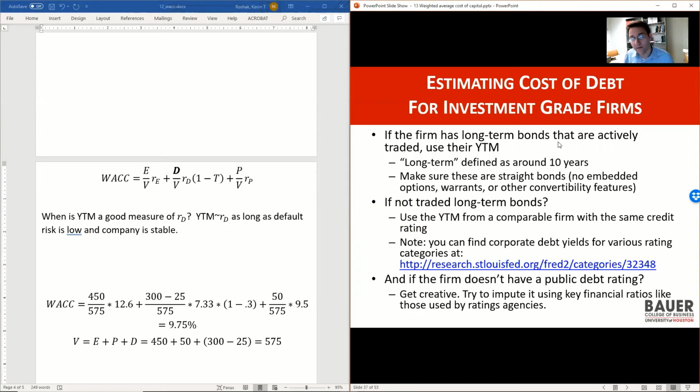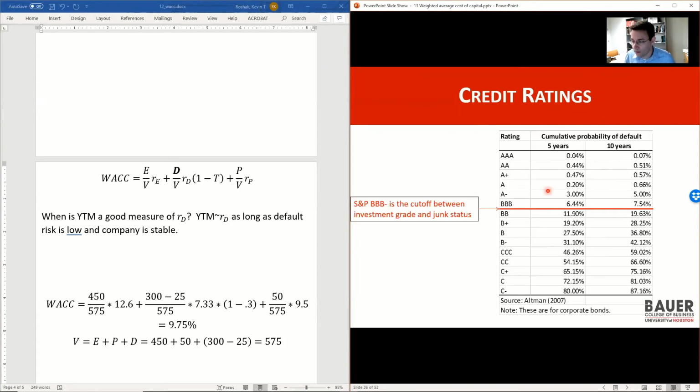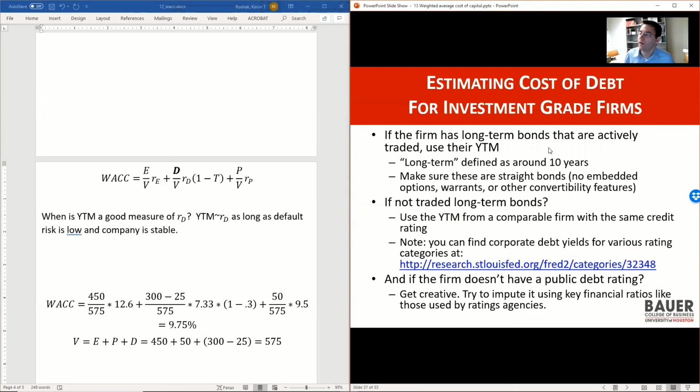But if we have investment grade debt, so if we're up here, we've got pretty safe bonds, we'll use the yield to maturity. We kind of hinted at this before. The yield to maturity is a good measure of the discount rate on debt as long as the risk is low and the company is stable. So that's going to be our benchmark. We're going to get that from the bond yield to maturity. Some other minor notes: you want to use longer term bonds.